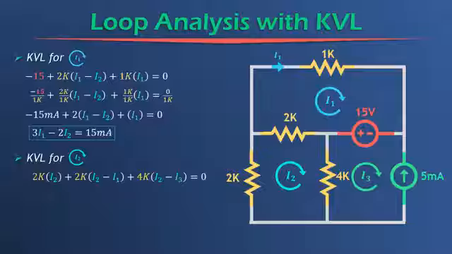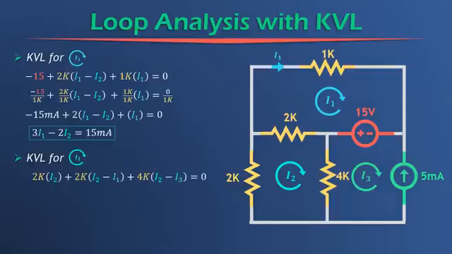Alright, so after the 2K resistor, we hook a right here, and we meet up with our 4K resistor. What's the voltage across the 4K resistor going to be? Again, it's the same thing: its resistance times the current through it. We're in the loop I2, so I2 is in the positive direction and is positive again.